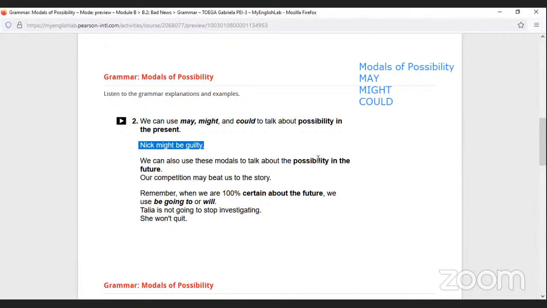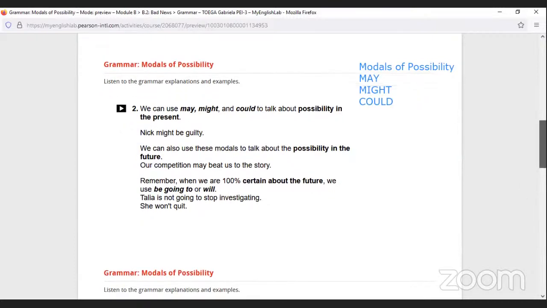What about when we talk about possibilities in the future? When we talk about the future, we have this. For example, our competition may beat us to the story. So this is a sentence for the future. We are not in the competition yet, but we're talking about the future, right?